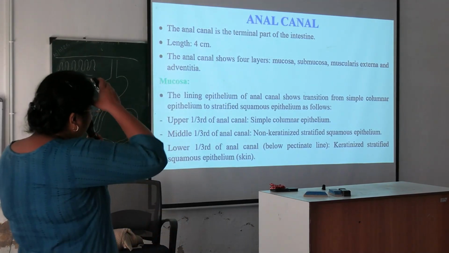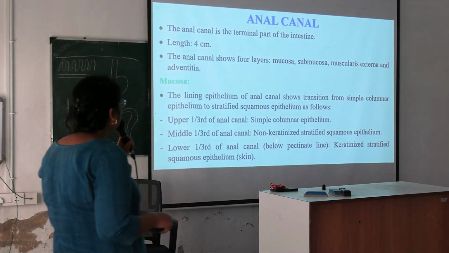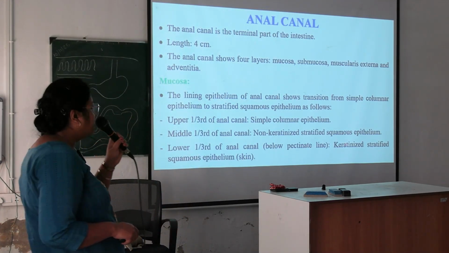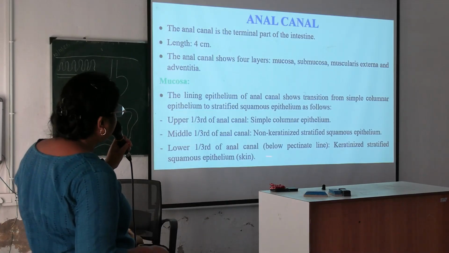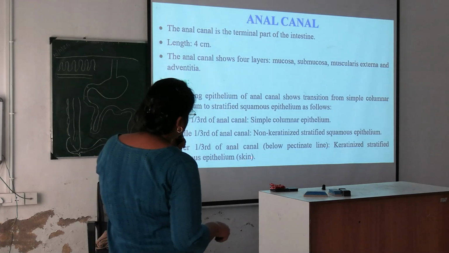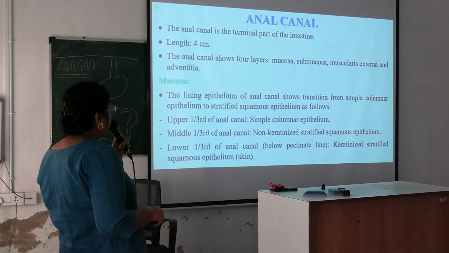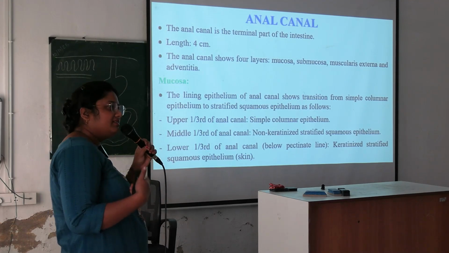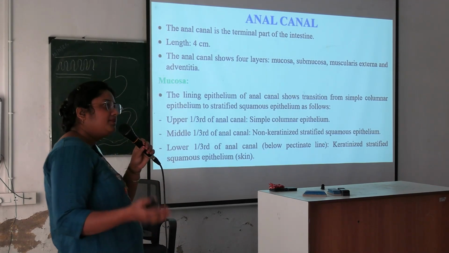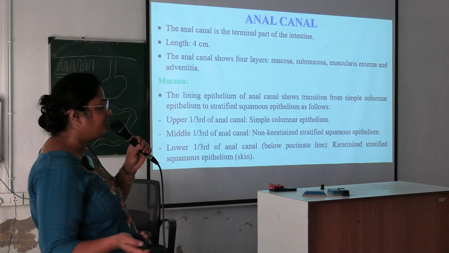Upper 1/3 of the anal canal is lined by simple columnar epithelium, middle 1/3 is lined by non-keratinized stratified squamous epithelium, and lower 1/3 below the pectinate line is lined by keratinized stratified squamous epithelium. So first 1/3 simple columnar, next 1/3 is non-keratinized. This term is important, non-keratinized stratified squamous, and the lowermost 1/3 is lined by mainly skin. Skin is keratinized stratified squamous epithelium.